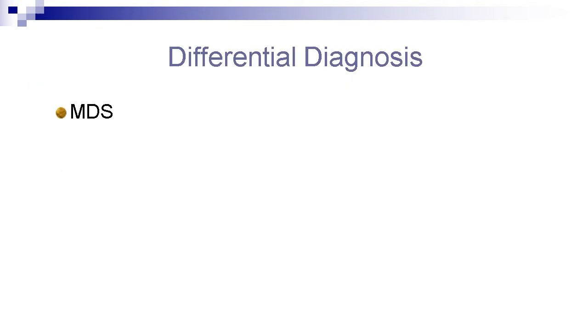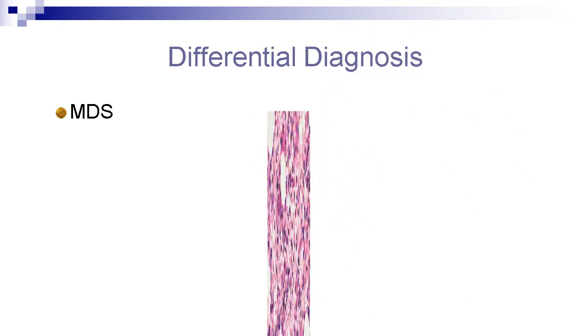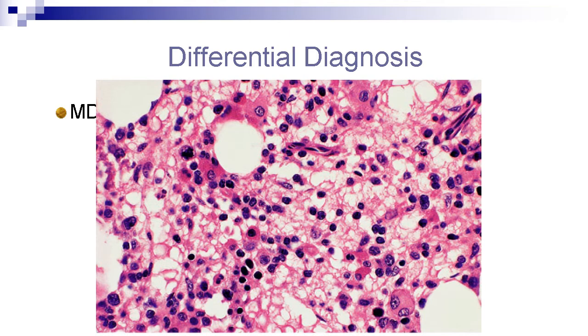The differential diagnosis also includes myelodysplastic syndromes, in which the bone marrow is not hypercellular. It contains cellular components but they are atypical. They are abnormal precursors of the hematopoietic cells.